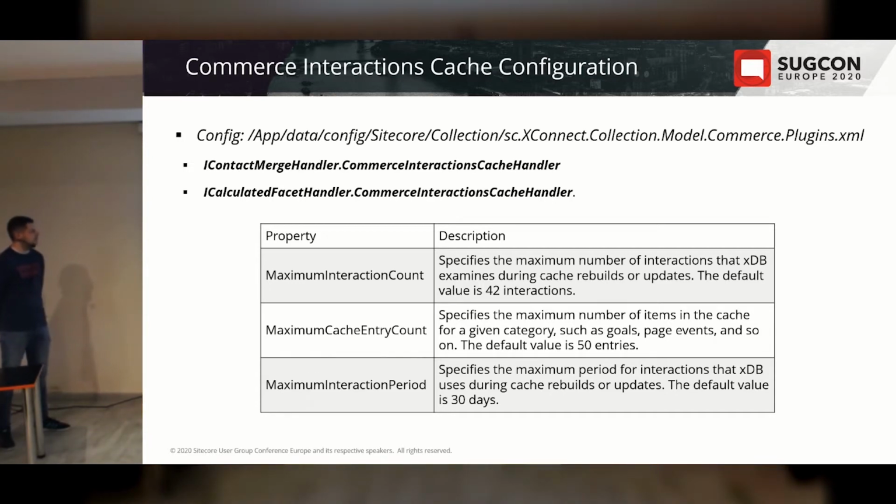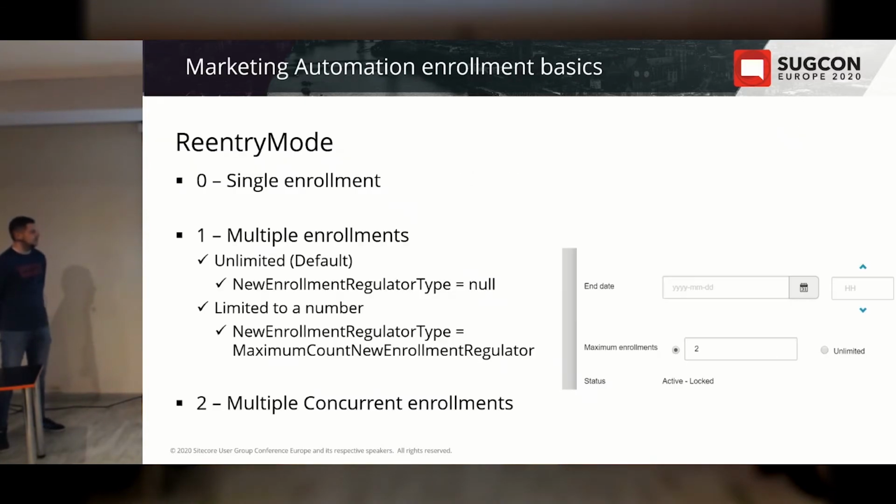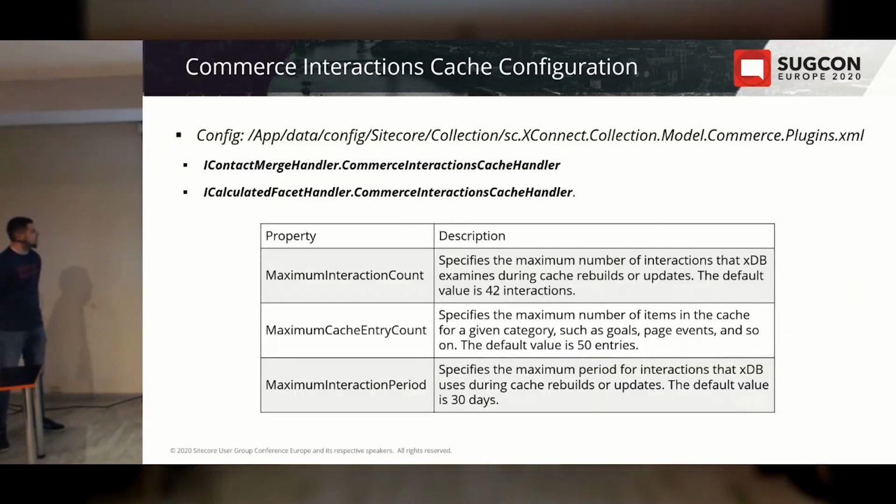The first one is the commerce interaction cache handler, and the second one is the commerce interaction merge handler and the calculated facet handler. There are three properties which can be managed: maximum interaction count, maximum cache entry count, and maximum interactions per user, with default values there.